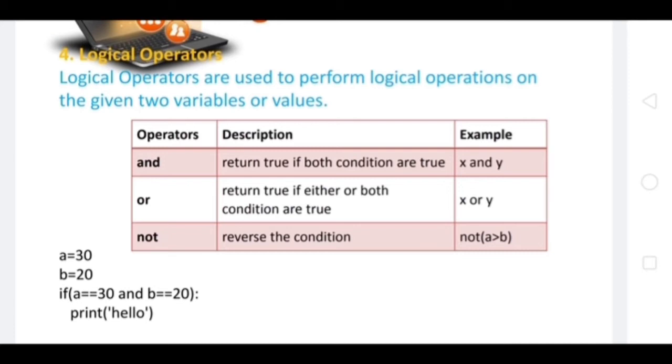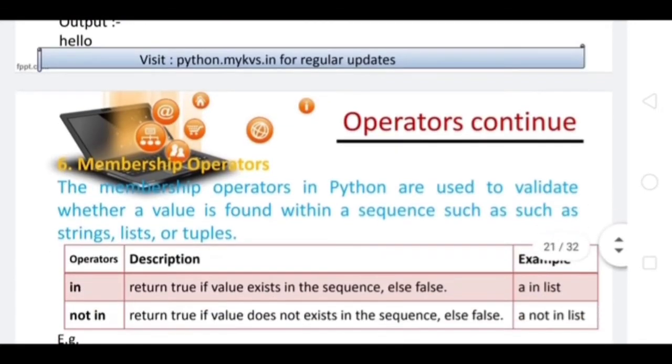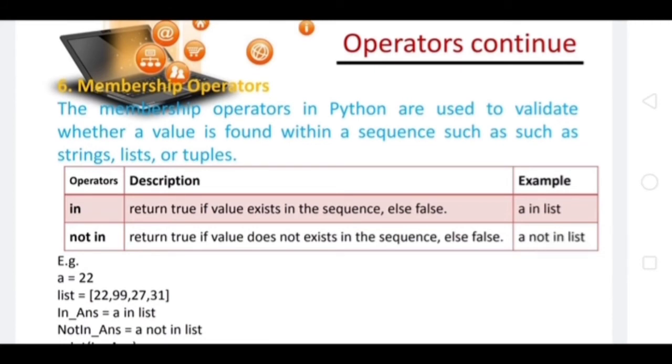If both sides are true, only then the answer will be true. The or operator checks either side of the condition. If either one or both conditions are true, then your answer is true. And not simply does the complement of that value.